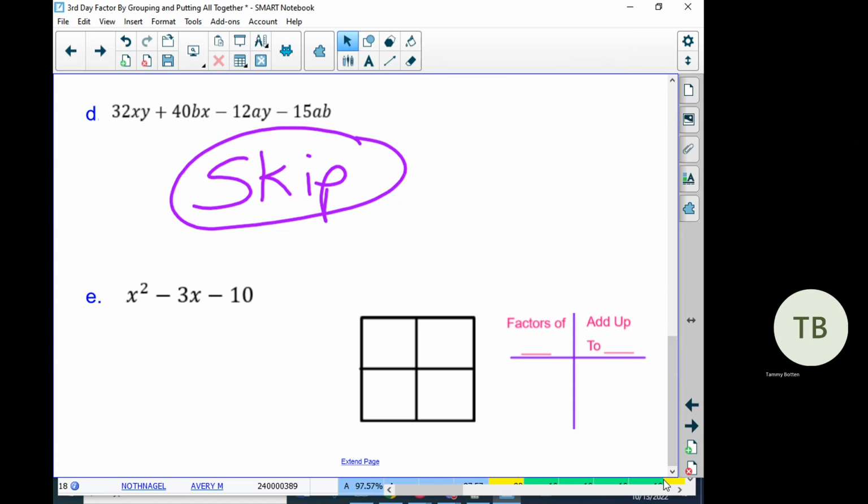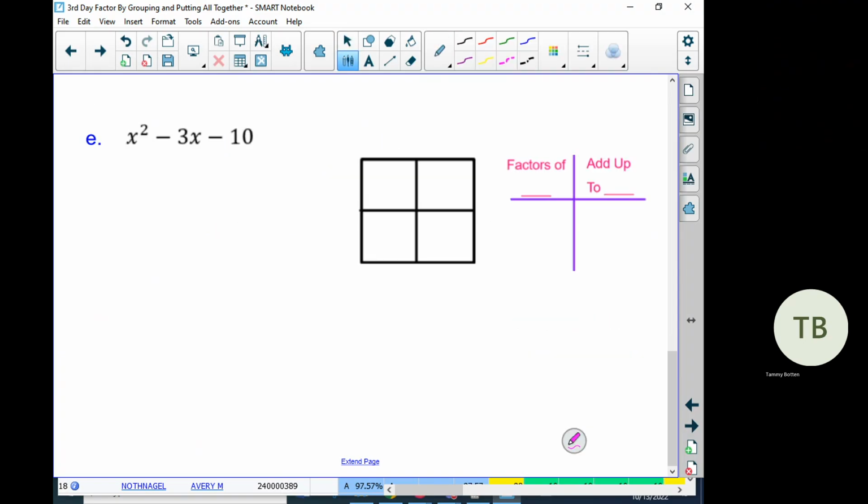Now, if you remember from earlier this week on Monday, what we did here, if that was x squared, we put an x squared here. This is -10, so I'd put that there. And then this -10 went here, and then what number is in front of the x went here.